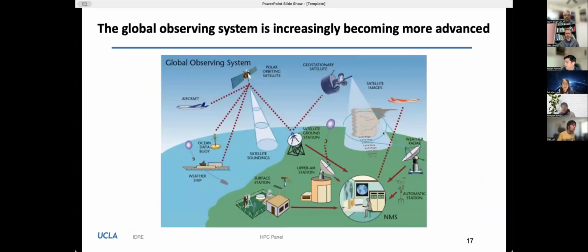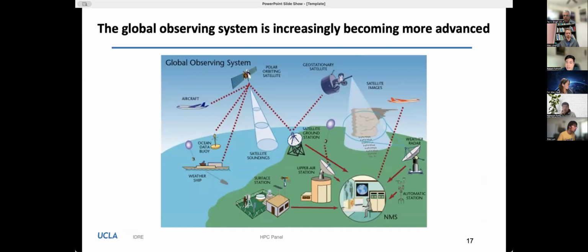Over the last few decades, the global observation system has become increasingly advanced. Historically speaking, we would have more in situ, or on the ground, types of measurements. You would have things such as weather balloons, or a stationary point gathering data.